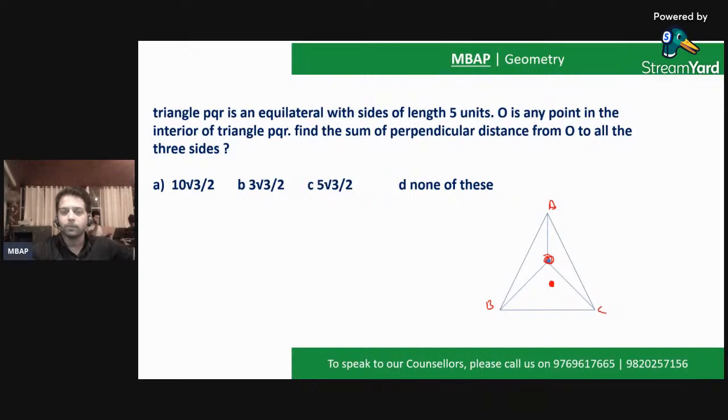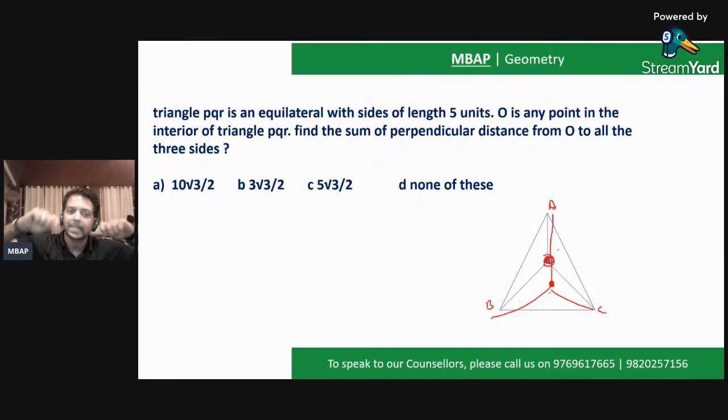But towards the end, if you just visualize, what I'm trying to tell you here is that the total length of OA plus OB plus OC is going to remain the same, irrespective of the position of point O. So it's like you have got three threads. So let's say you tie some knots in a given thread.